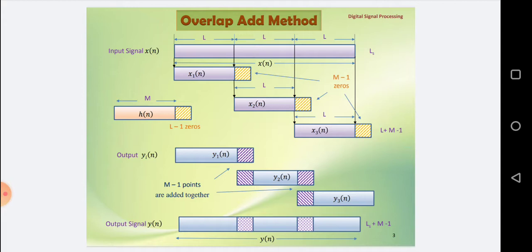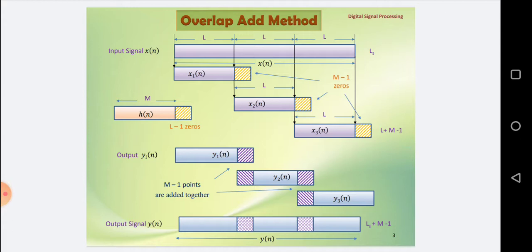Therefore padding L minus 1 zeros to impulse response h of n, we will get h of n of length capital N equal to L plus M minus 1. Next, we take circular convolution of each of x1, x2, x3 with h of n. So finally we will get outputs like y1 of n, y2 of n and y3 of n.